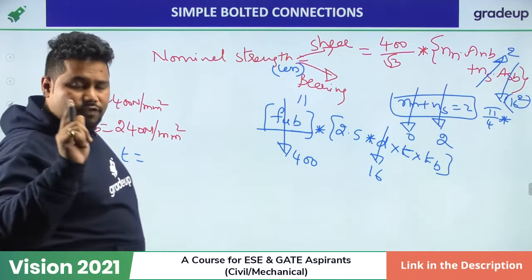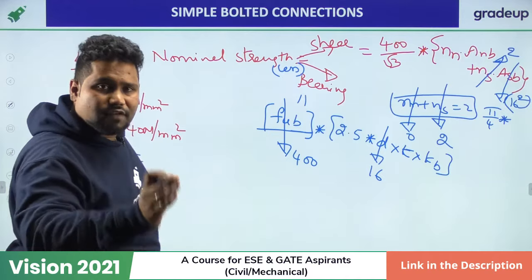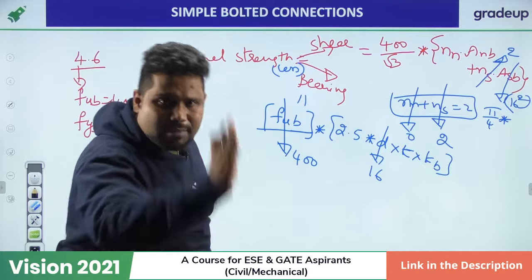T by definition, if you refer to the code of practice, T is the minimum of summation of thickness of the plates which are experiencing bearing stress in the same direction.